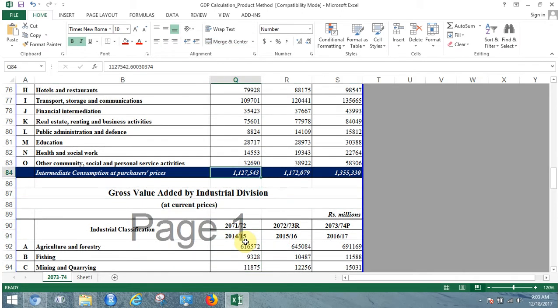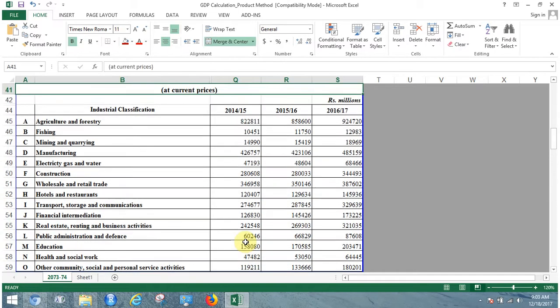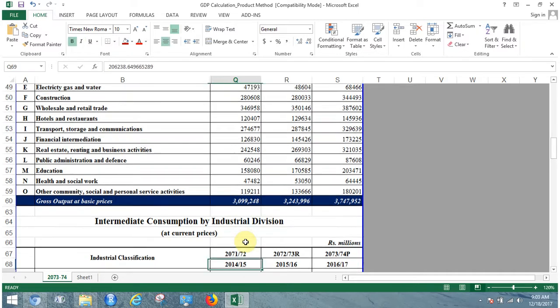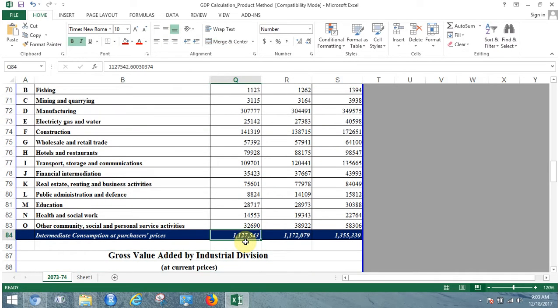This is the total value of intermediate consumption, which is 1127 billion Nepalese rupees. So the first table gives us the gross value of output of all the 15 subsectors, and the second table gives us the gross value of intermediate consumption.